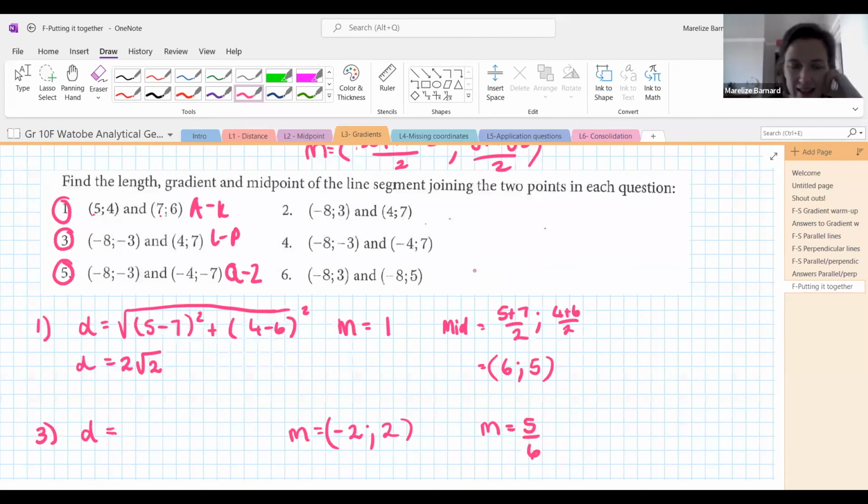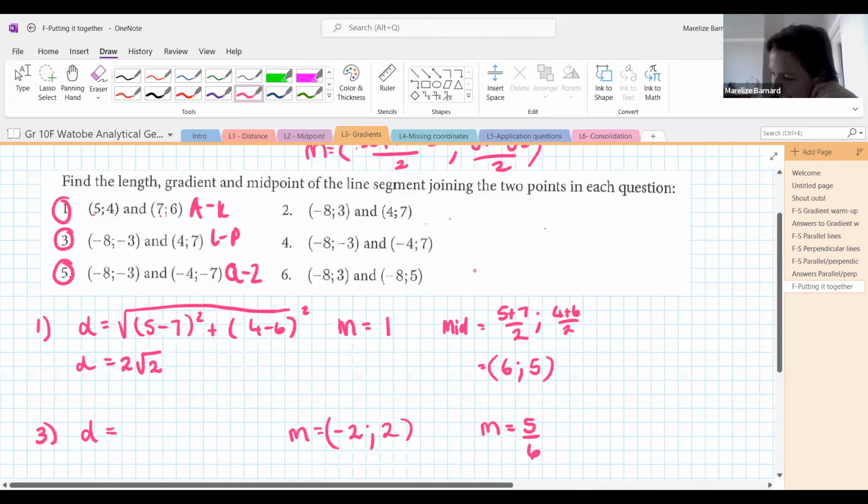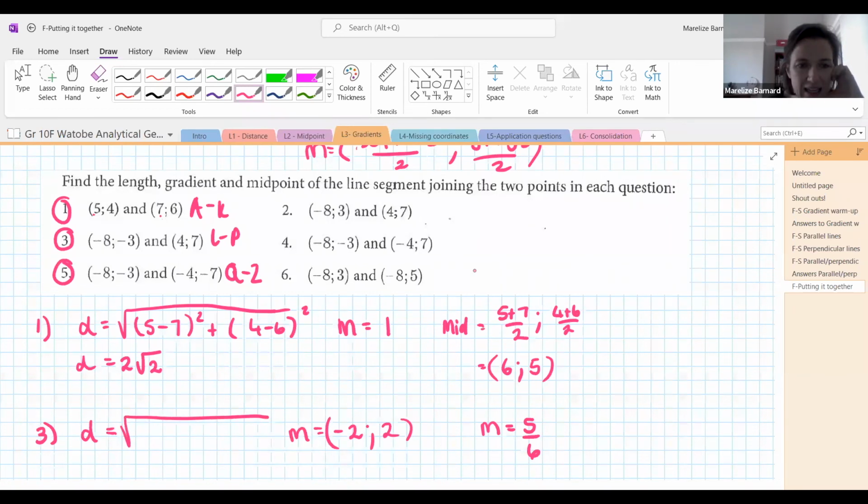5/6. Lovely. And then your distance? My distance, I'm not sure of it, but it gave me -62. Okay, let's do that one together quickly.